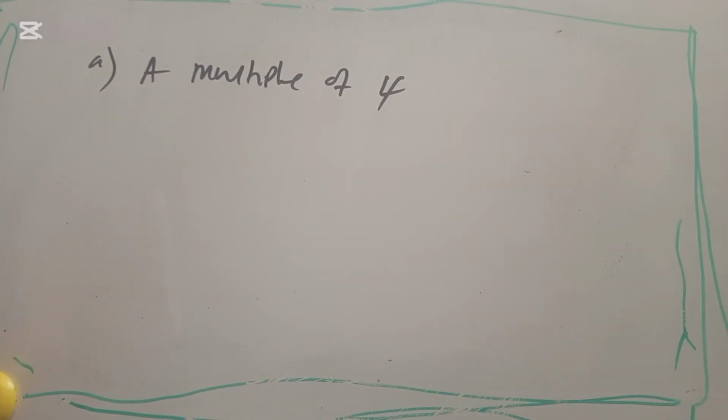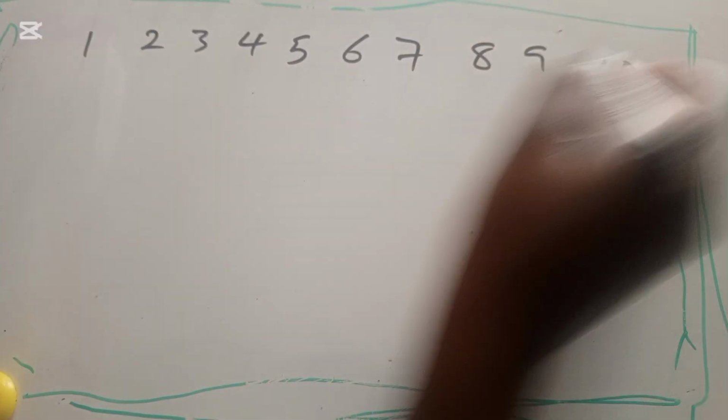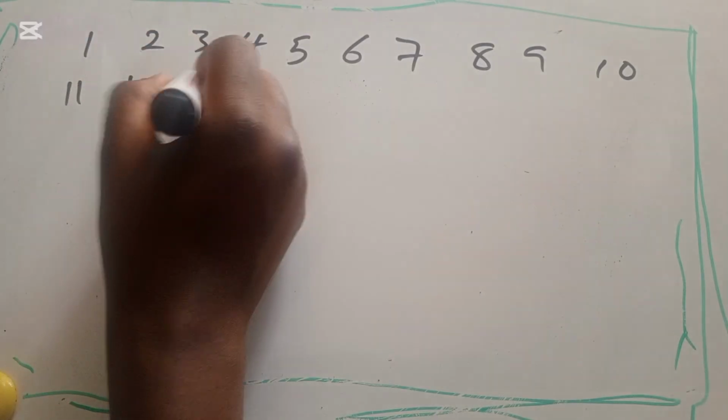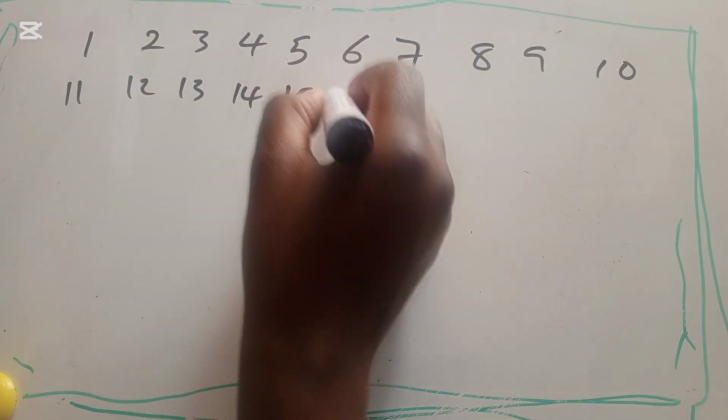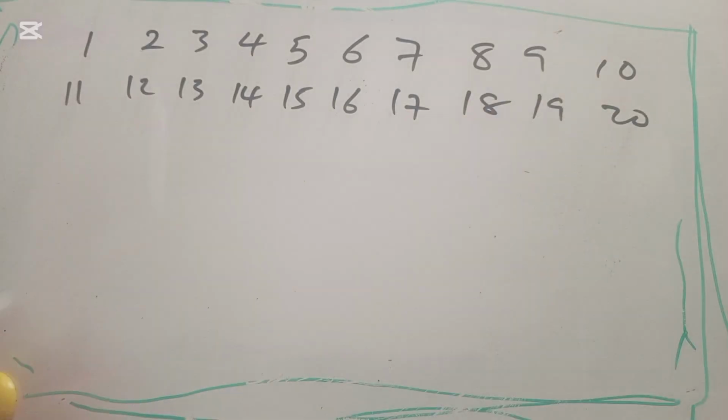Now, let me write the numbers first. So, 1 to 20. 1, 2, 3, 4, 5, 6, 7, 8, 9, 10, 11, 12, 13, 14, 15, 16, 17, 18, 19, 20.